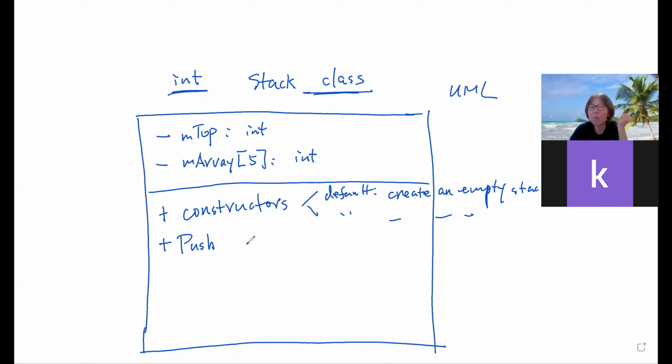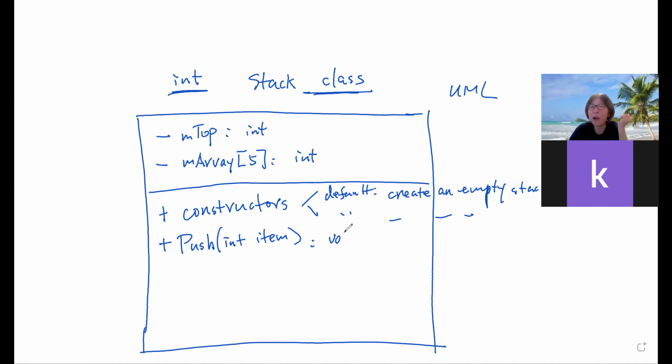We add an item at the top, so it needs an item as a parameter, and the return type can just be void. What it does is add a new item at the top.